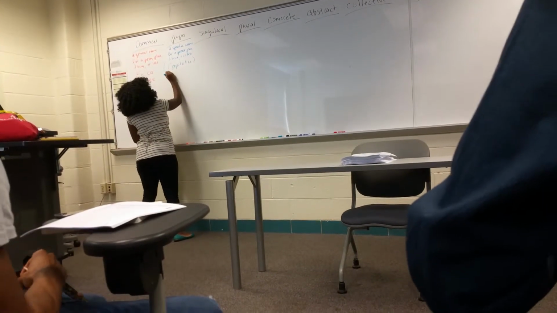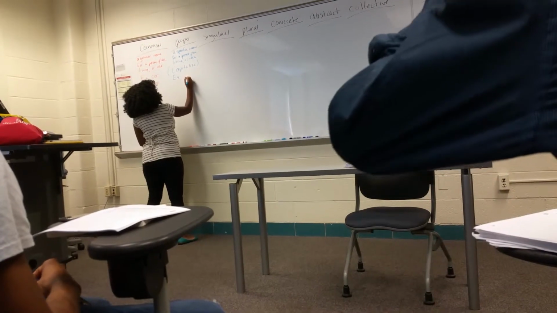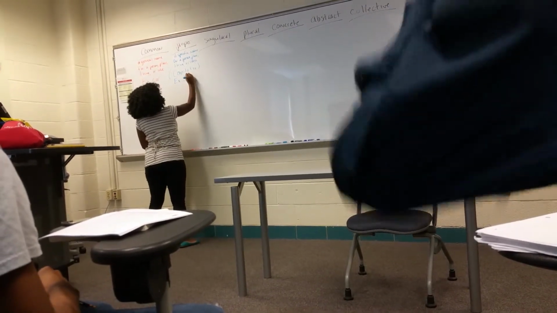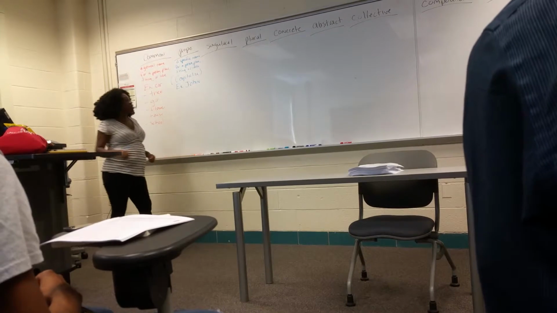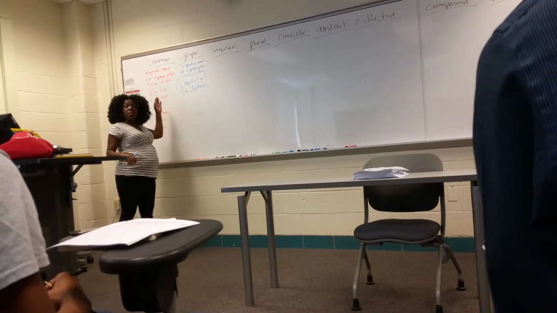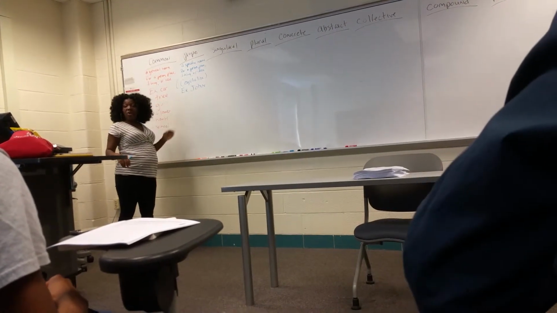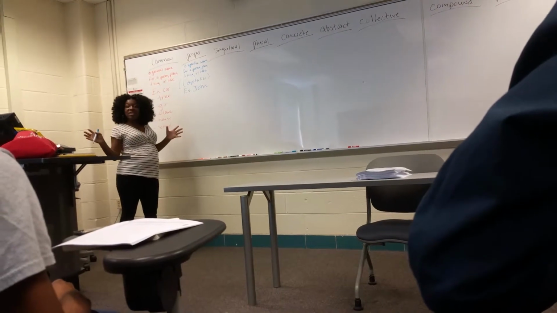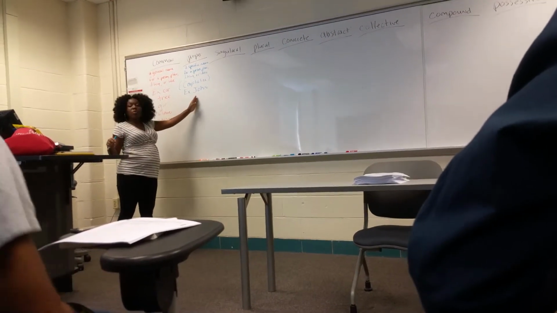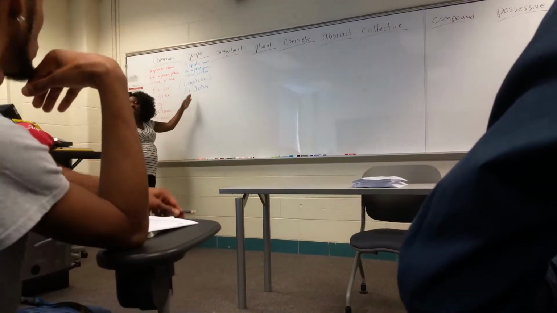So, for example, we're going to say John. The common noun would be boy, or guy, or fella, or whatever you want to say. The proper noun would be John because that's his specific name.